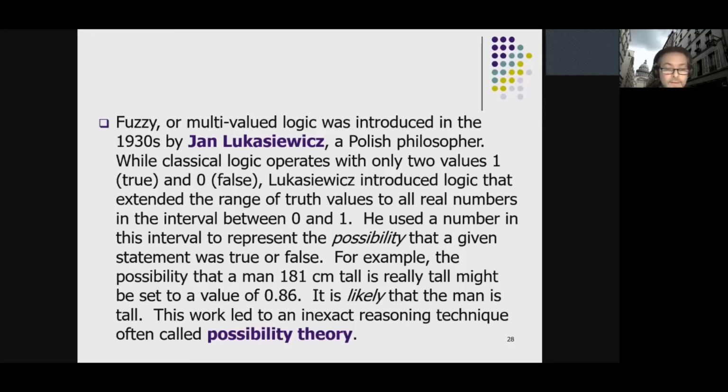So you can have, for example, the possibility that a man with height 181 centimeters is tall, and this is represented by a number which is 0.86. And we say that it is likely that the man is tall. This is how we could interpret this kind of number in this context.